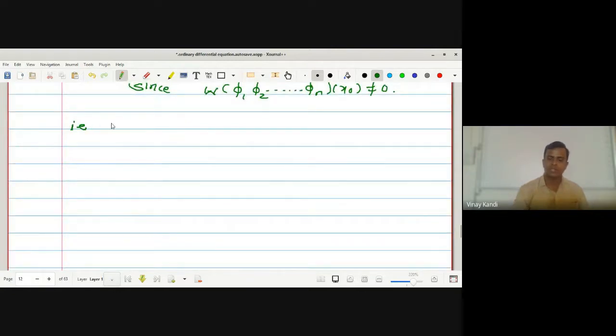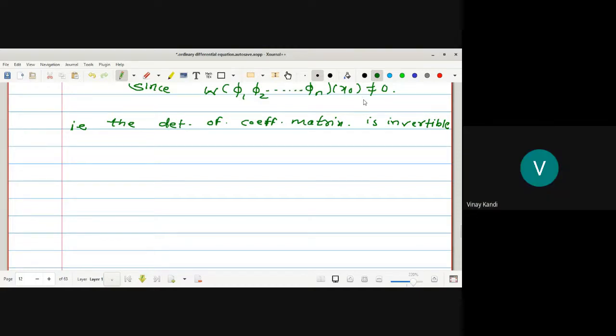Why invertible? Because the determinant is not equal to 0. It means the coefficient matrix is invertible.